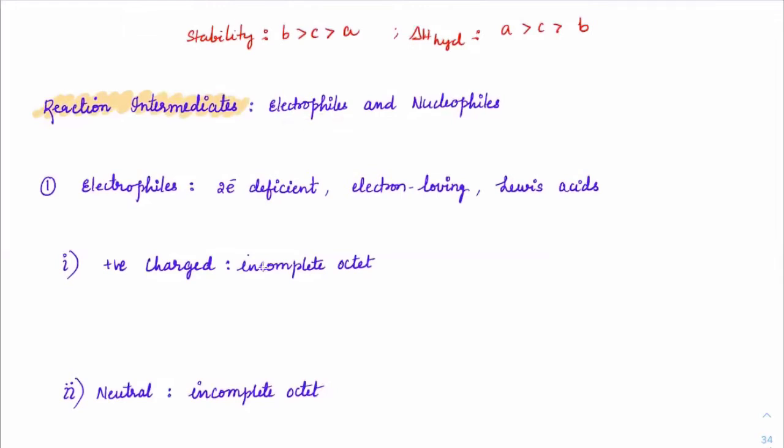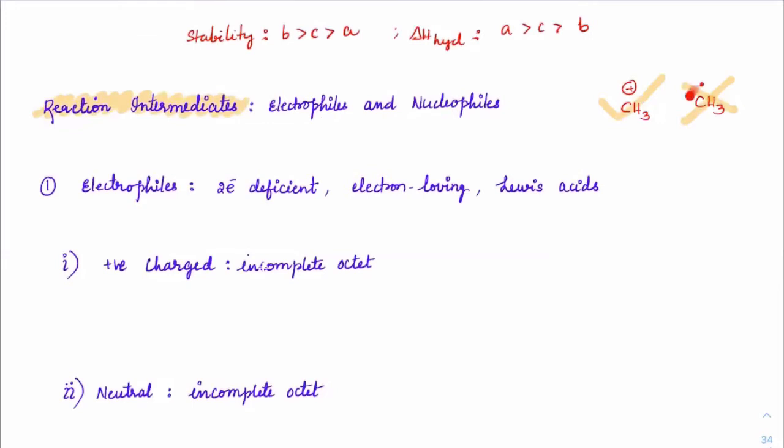First, let us understand what electrophiles are. Electrophiles are 2 electron deficient. So that clearly tells us that if you have CH3 plus and CH3 dot, CH3 plus has 2 electron deficiency, while CH3 dot does not have 2 electron deficiency, it has only 1 electron deficiency.